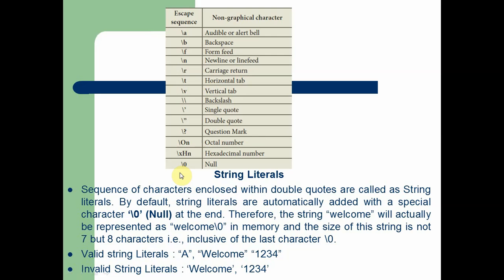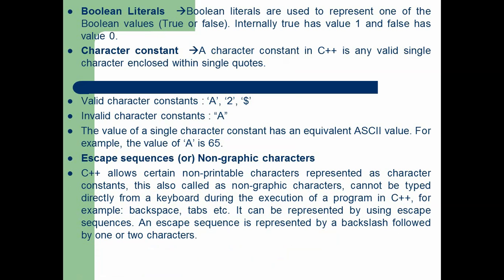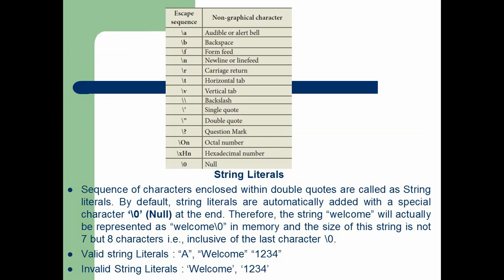A string is a sequence of characters. I already told you when discussing character constants that when a group of characters is there, then that group cannot be called a character. They are called strings. By default, string literals are automatically added with a special character \0, that is null, at the end.